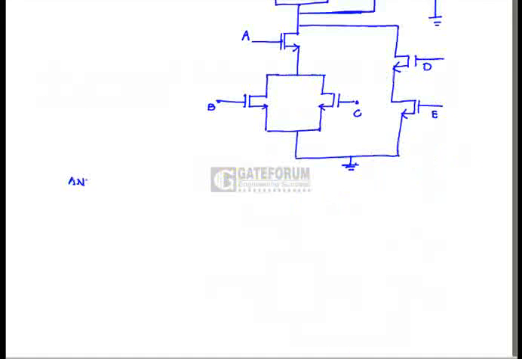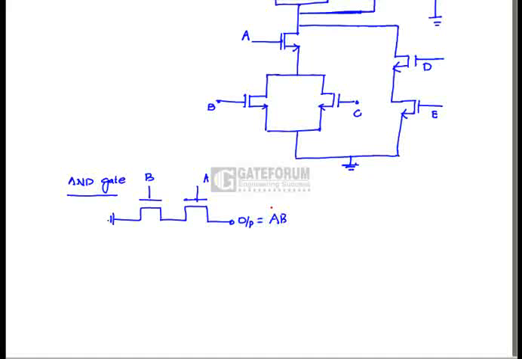For an AND gate, both NMOS transistors are connected in cascade. Then the expression available at the output equals AB.